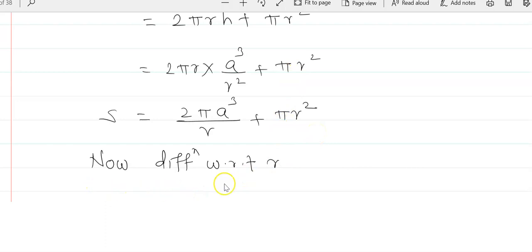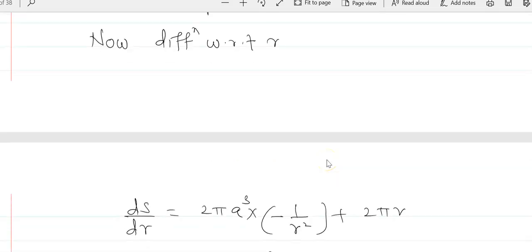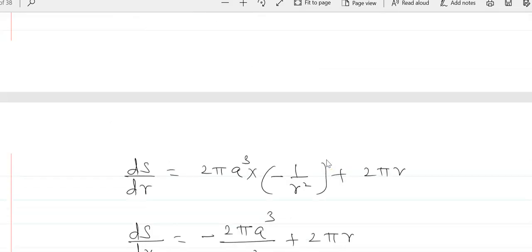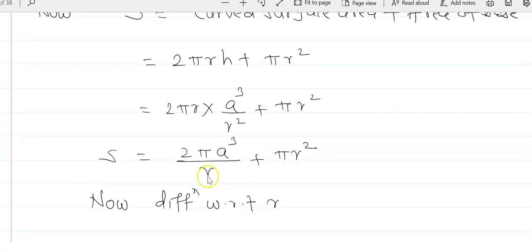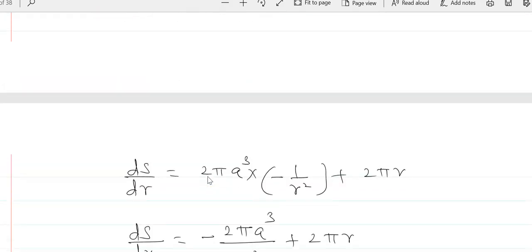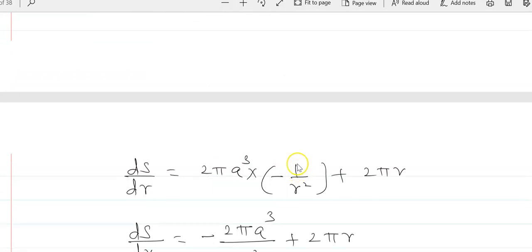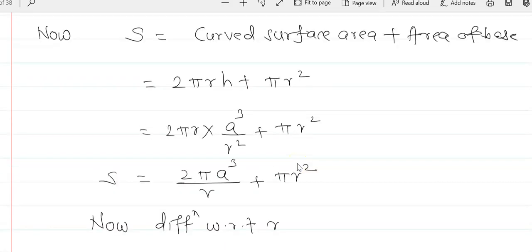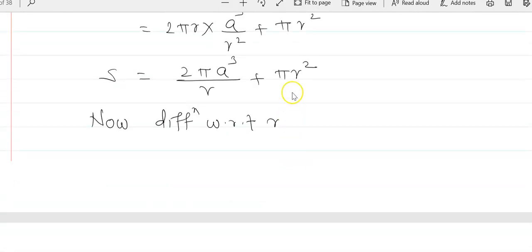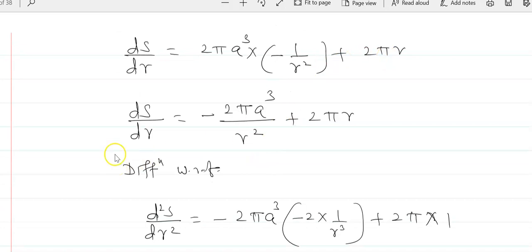Now differentiate this with respect to r. Therefore, dS/dr is equal to the derivative of 1/r. We know the derivative of 1/x is −1/x². In the same manner, the derivative of 1/r is −1/r². Derivative of πr² is 2πr. So dS/dr is −2πa³/r² + 2πr.